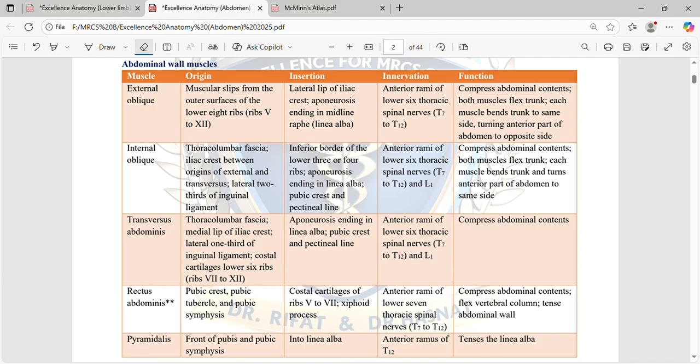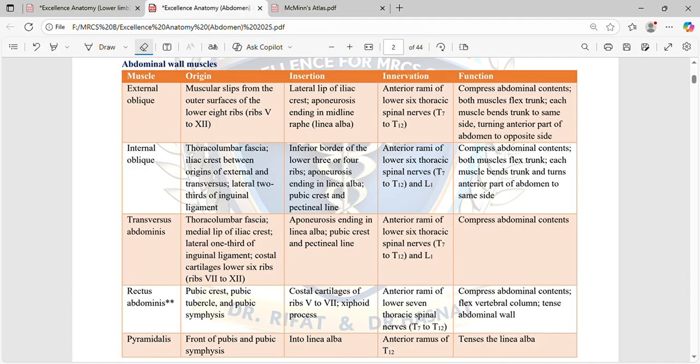It will insert to the inferior border of the lower 3 or 4 ribs, and aponeurosis ending in the linea alba, and then the pubic crest and the pectineal line. So the insertion on the pubis is specifically on the pubic crest and the pectineal line.